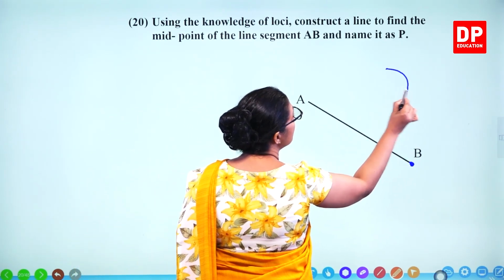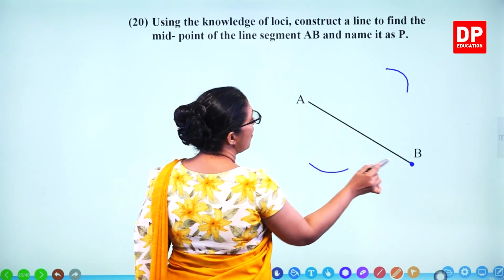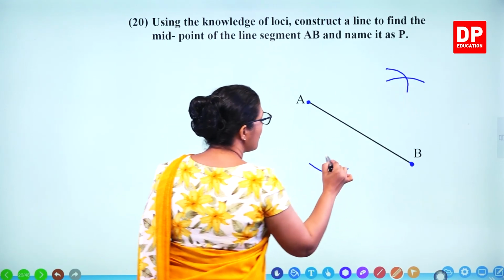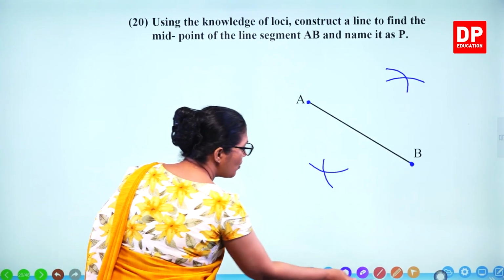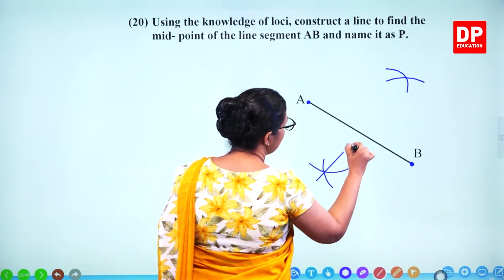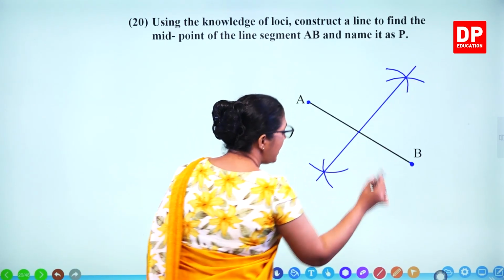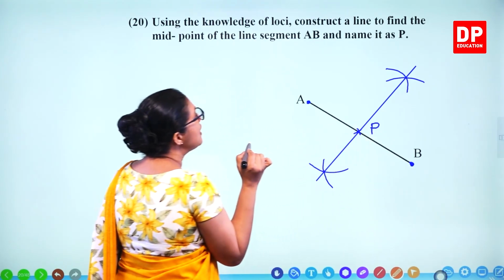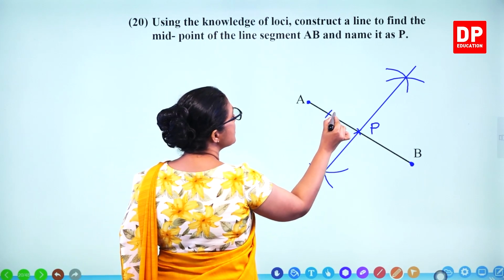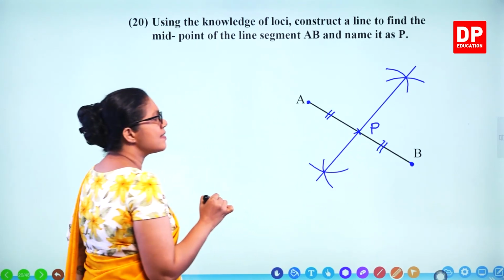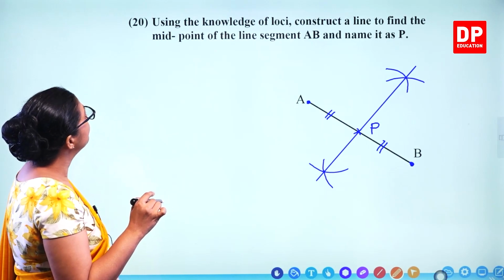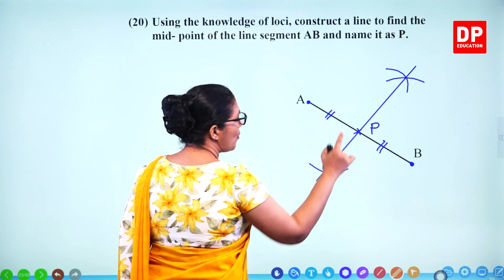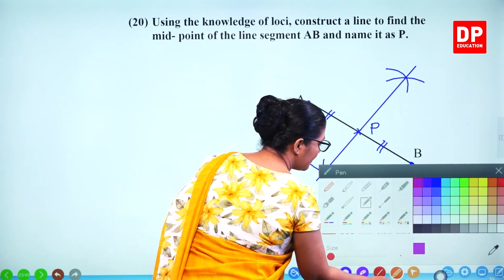Draw an arc on this side, then keep it on point A and draw the other 2 arcs, and then you connect the 2 points. When you connect, the intersecting point is the midpoint P. This distance and this distance are both equal. They want only this point. So 2 marks for that.